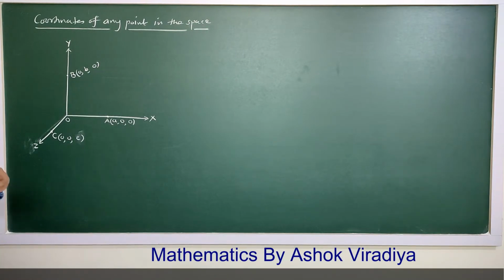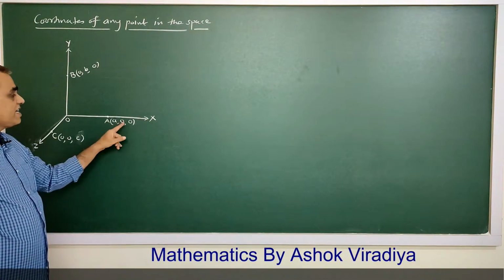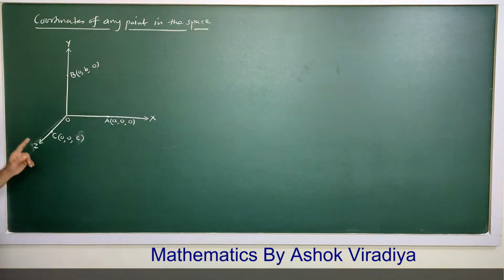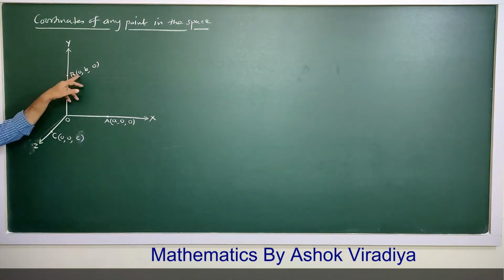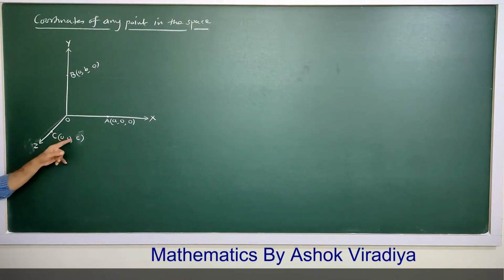So remember, any point on the x-axis has y and z coordinate 0, any point on the y-axis has x and z coordinate 0, any point on the z-axis has x and y coordinate 0.